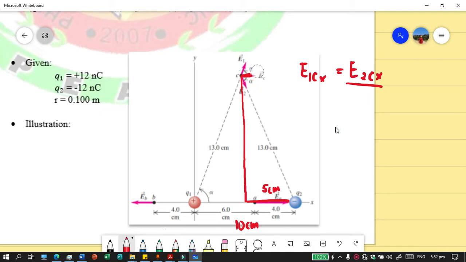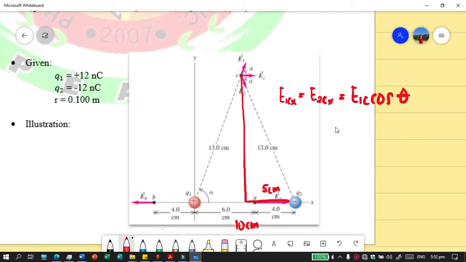So, ibig sabihin, pwede nating isulat dito that these two, i-write lang natin. E1CX is equal to E2CX. And that is equal also to E1C cos theta.